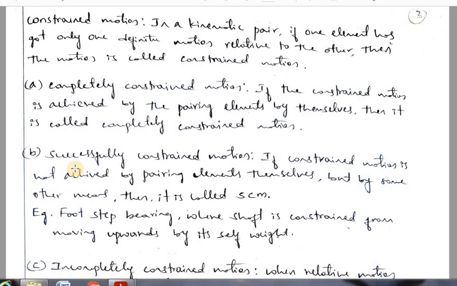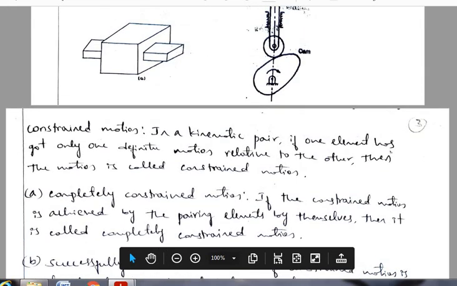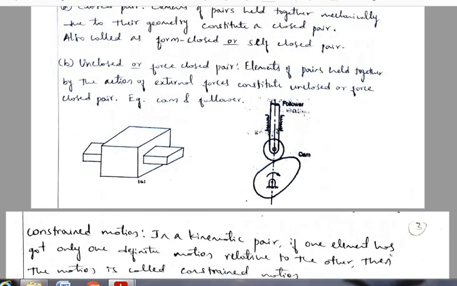In the previous class, we studied the basic definitions of the link, elements, what is a mechanism, what is a machine. And today we are going to start with constrained motion.